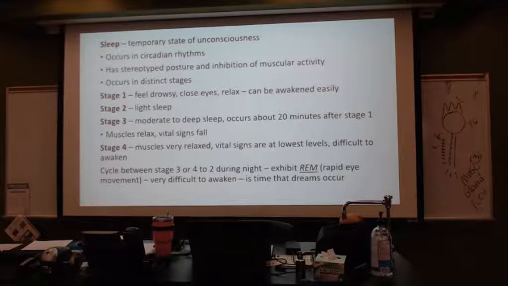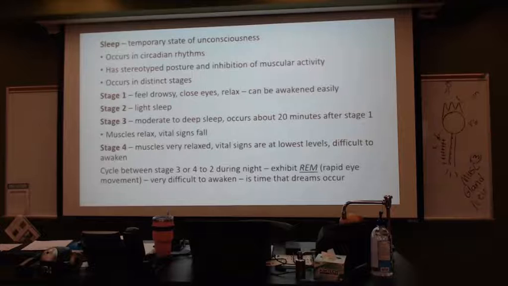In stage 3, about 20 minutes after stage 1, notice what happens. Your muscles get to relax, your vital signs get to fall. Your body can go into times of repair now. In stage 4, it's very hard to wake you up. Vital signs are at their lowest levels, very relaxed, and you need to have these cycles occur quite a few times throughout the night.